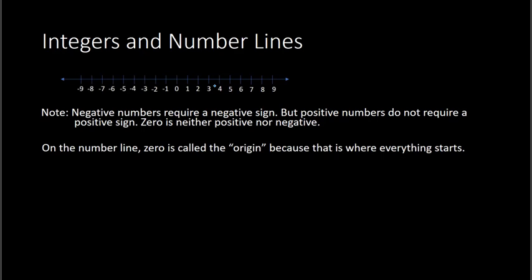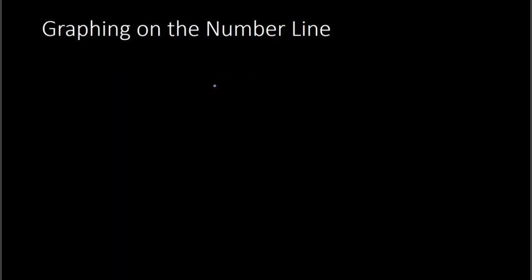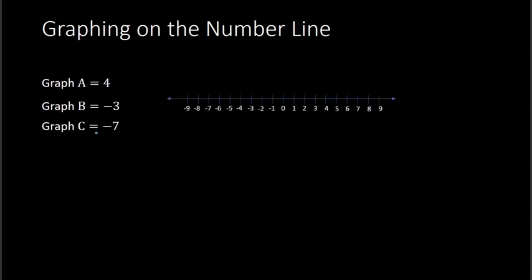Now on a number line, we can graph different things if we would like. For example, we could be graphing these different points. Graph point A, where A equals 4. Graph B, where B equals -3. We can graph C, where C is -7. If you're graphing a point on the number line, all we need to do is plot the point.